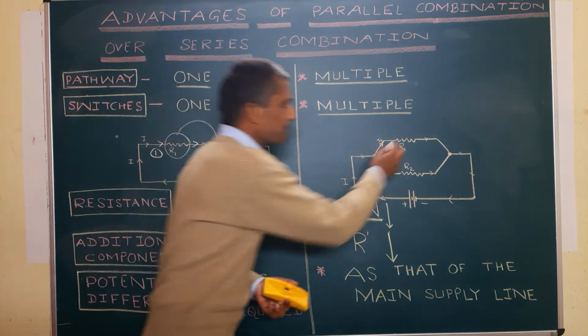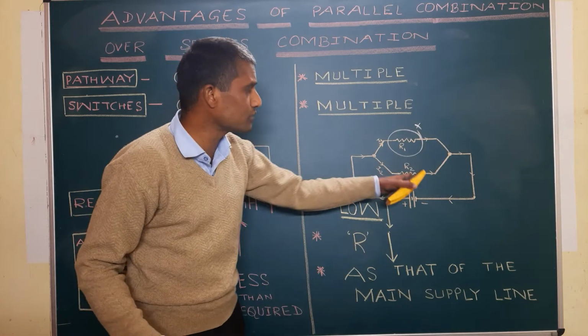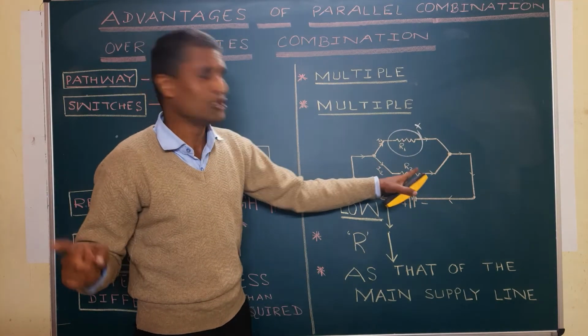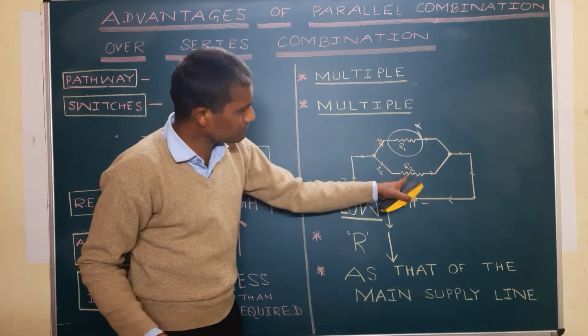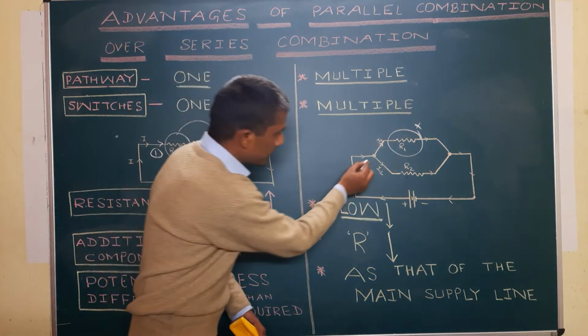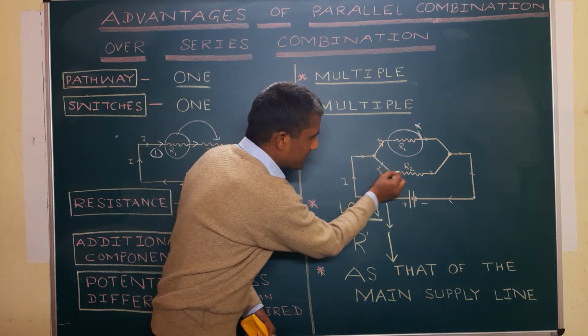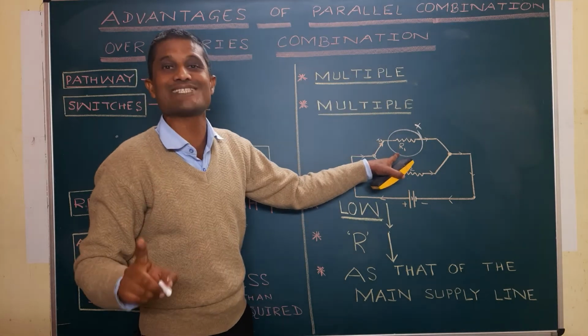If this R1 got defective, then what happens to the other resistor, or to the other bulb? Suppose it is a bulb, then what is going to happen? It will keep working. It doesn't stop, because current has got another pathway to flow through, thanks to the multiple paths it has got.